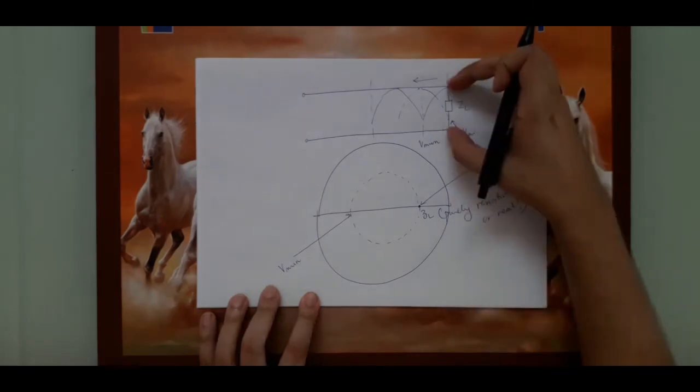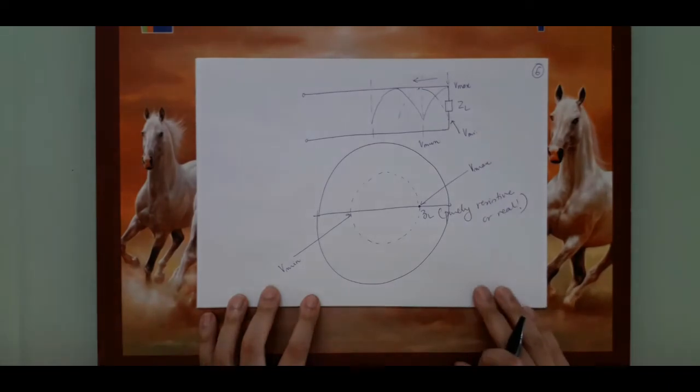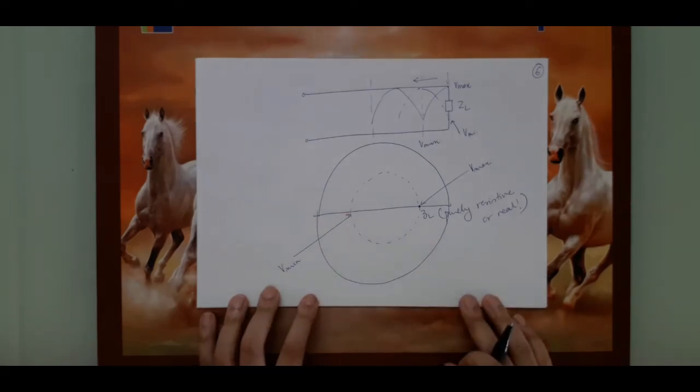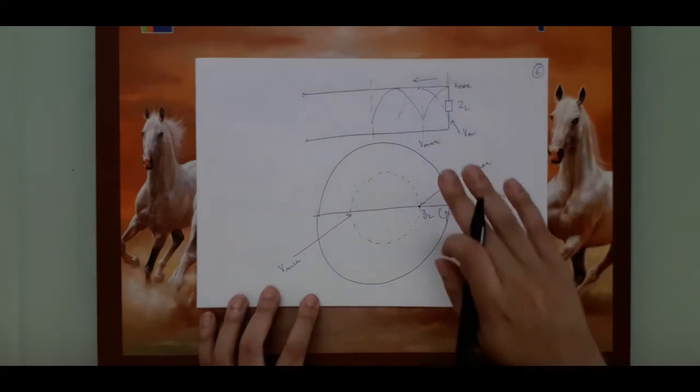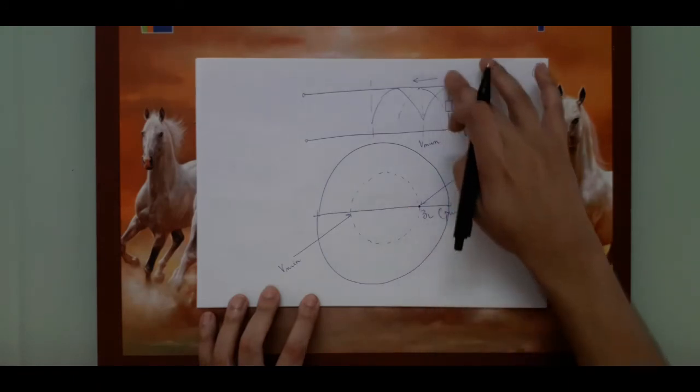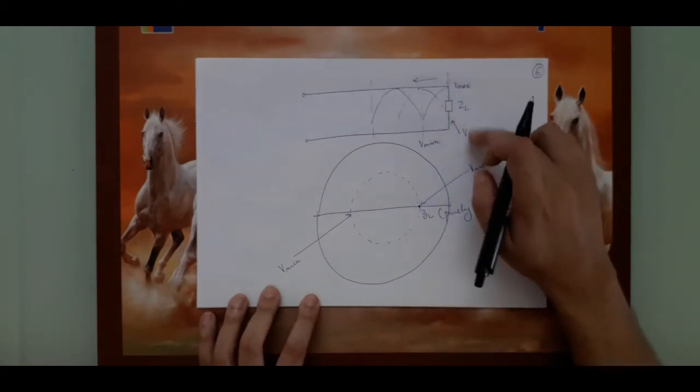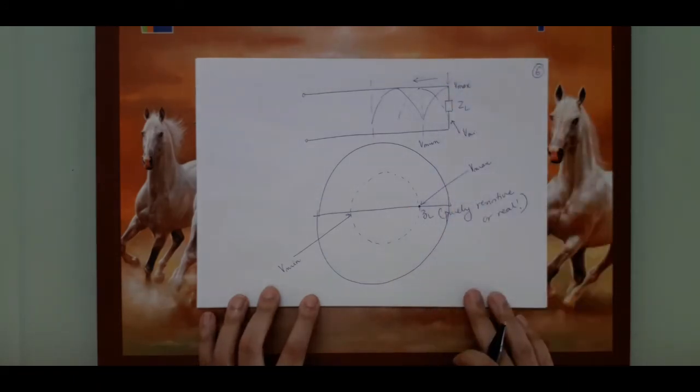So whenever the load position coincides with either a voltage maxima or a voltage minima, the load is purely resistive. Okay. So you can have resistive loads with two different conditions, either a Vmax or a Vmin coinciding with the load.